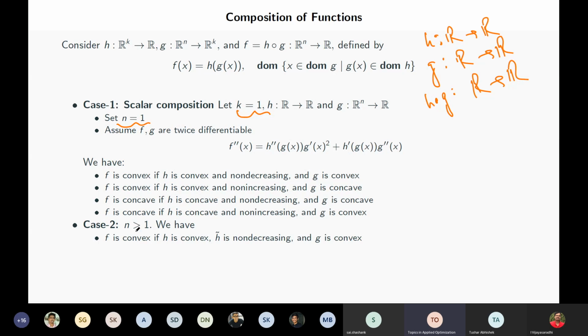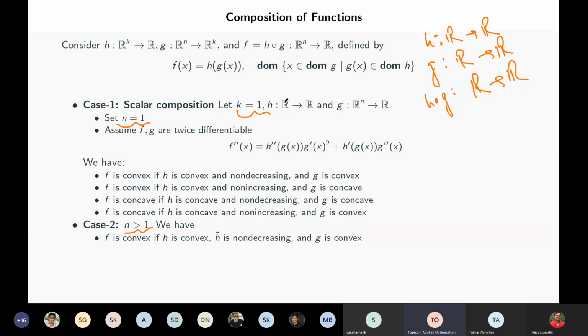The problem is, if you go for n greater than 1, then you start getting gradients, which are vectors, right? So now the question is how you can extend these ideas to general cases where n is greater than 1. If n is greater than 1, then I think k is still kept to be 1, if I'm not wrong, because nothing is being said here.